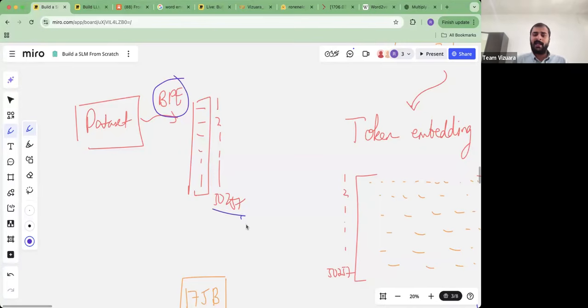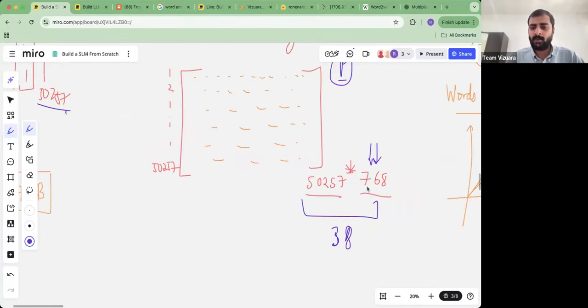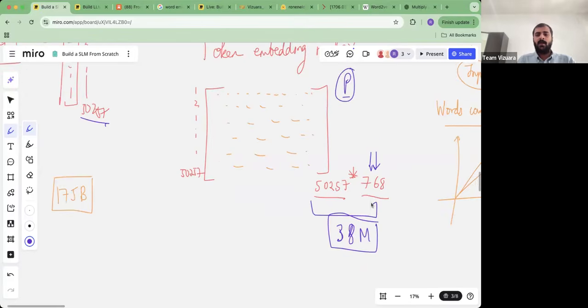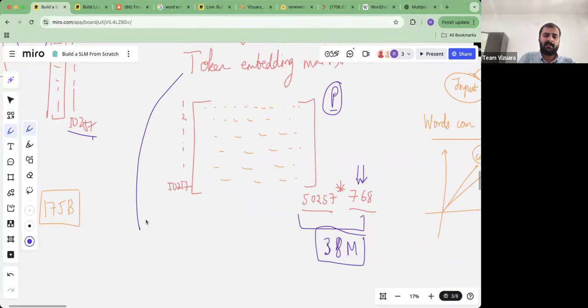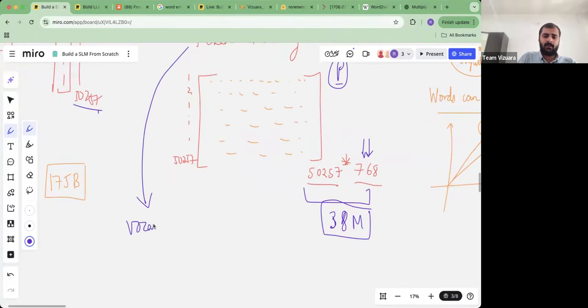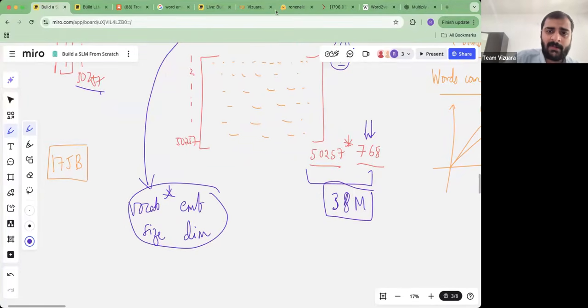If you are doing a multi-language tokenizer, you need a larger vocabulary. But the larger the vocabulary size, the more trainable parameters, as I showed you. So the general formula for the number of trainable parameters in the token embedding matrix is vocabulary size multiplied by the embedding dimension.